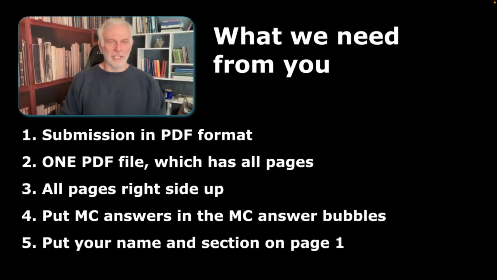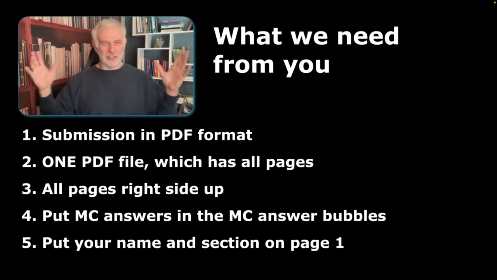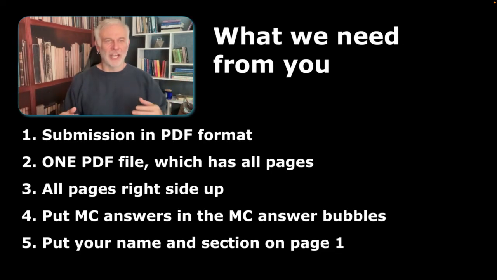Also on the front page, make sure you put your name and section number. The section number should be for the discussion section you're in. That'll be section A01, A02 up through A06. It's not A00. That's the designation for the entire class. We know you're in the class. What we need to know is which discussion section you're in, because the grade book where we keep scores is divided by discussion section.